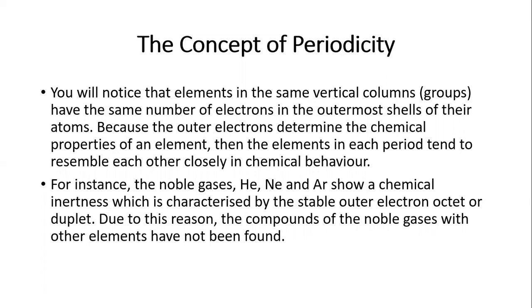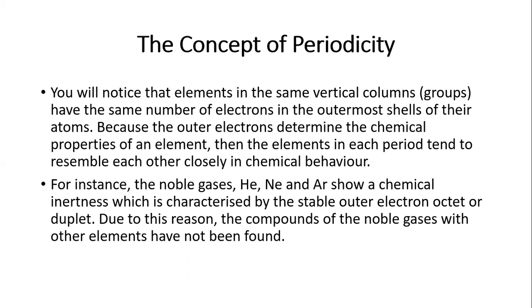Now take an example, the noble gases, helium, neon, and argon. They show a chemical inertness, which is characterized by a stable outer electron octet or duplet. Due to this reason, compounds of the noble gases with other elements have not been found, since they show the stable outer electron configuration.